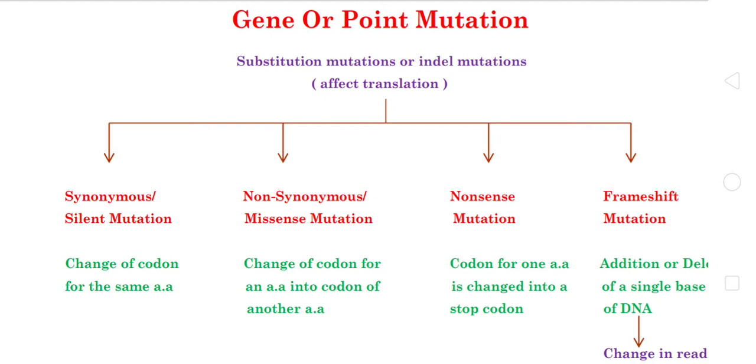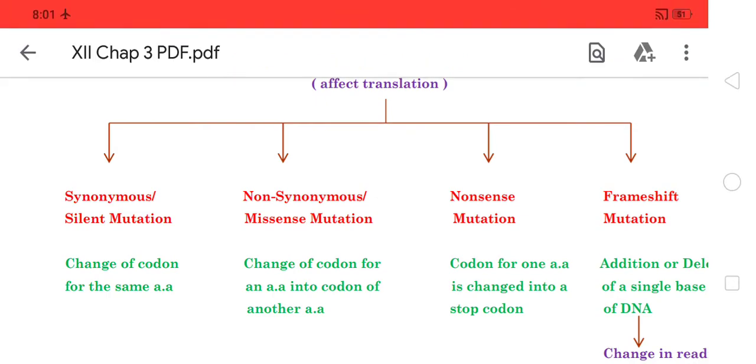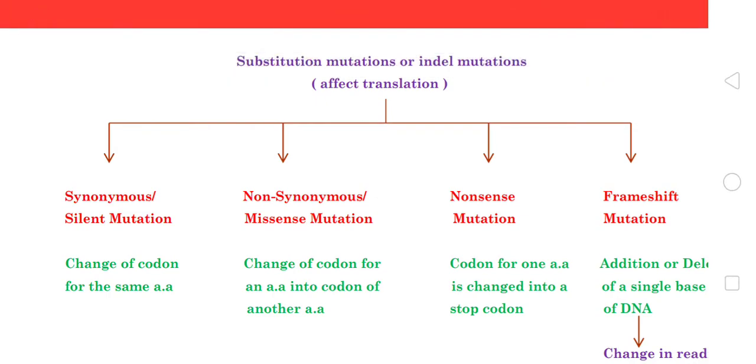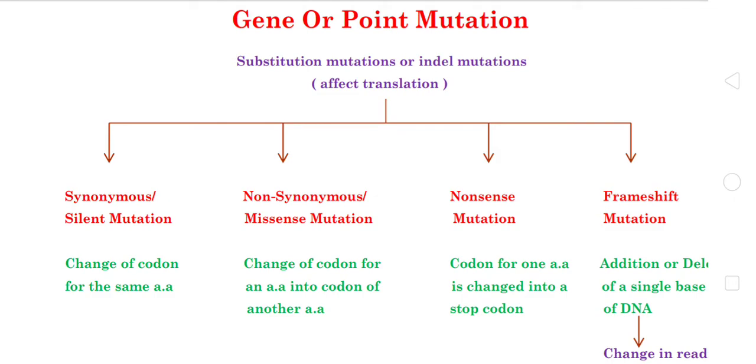Whereas in missense mutation, one codon changes into another codon, which leads to a change in the amino acid produced. Again, in missense mutation, the codon for one amino acid changes into the codon for another amino acid.